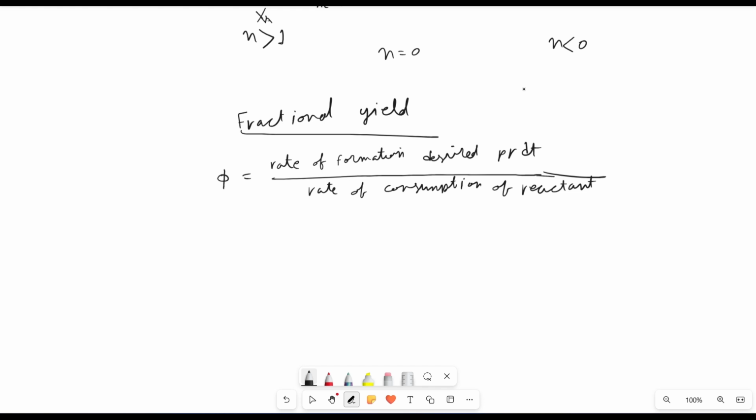Now suppose the desired product is P. Suppose it is in a PFR. As I have told, in a PFR, each section's molar flow rate is dependent on the axial length of the PFR.